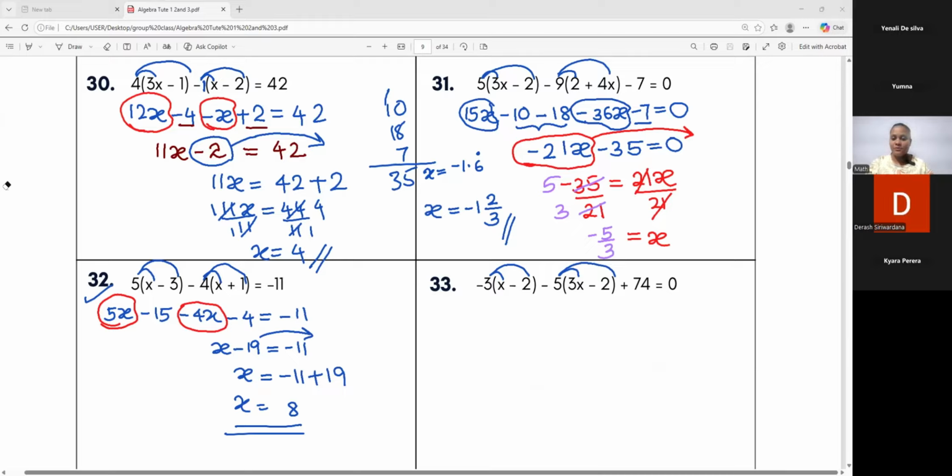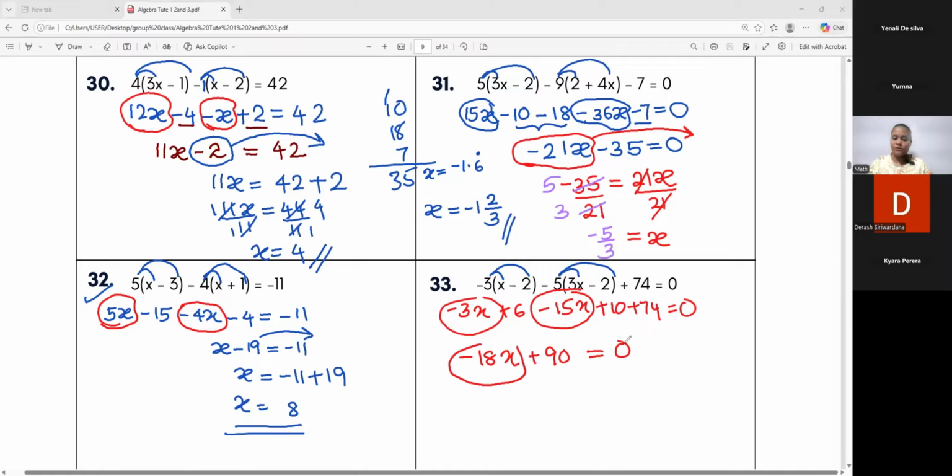Minus 3x plus 6 minus 15x plus 10 plus 74 equals 0. Then same sign, add them. Minus 3 minus 15, minus 18x. Then plus 74 plus 10 is 84. 84 plus 6 is 90. Plus 90 equals 0.